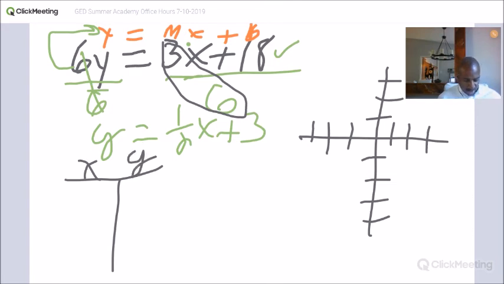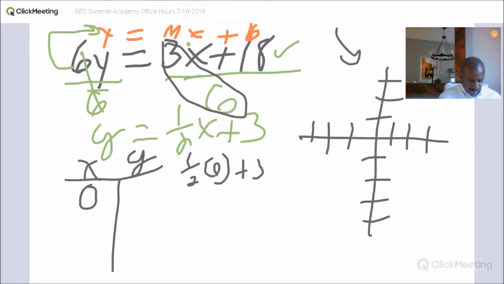Okay. So now what we have to do is find out what the x and y are so we can put some points on this graph. So now we plug in a number, and we just plug in 0 for x, because anything times 0 is 0. So if I put in 0 for x, that's 0.